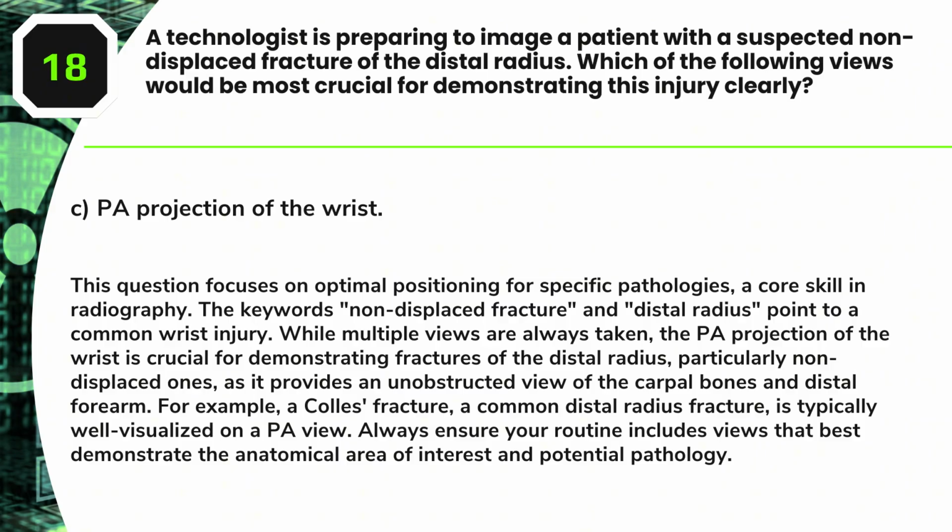While multiple views are always taken, the PA projection of the wrist is crucial for demonstrating fractures of the distal radius, particularly non-displaced ones, as it provides an unobstructed view of the carpal bones and distal forearm. For example, a Colles' fracture, a common distal radius fracture, is typically well visualized on a PA view. Always ensure your routine includes views that best demonstrate the anatomical area of interest and potential pathology.